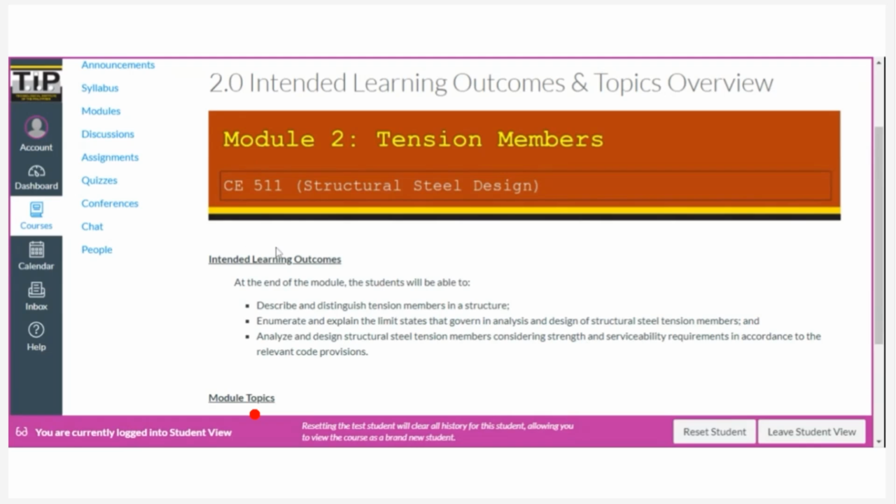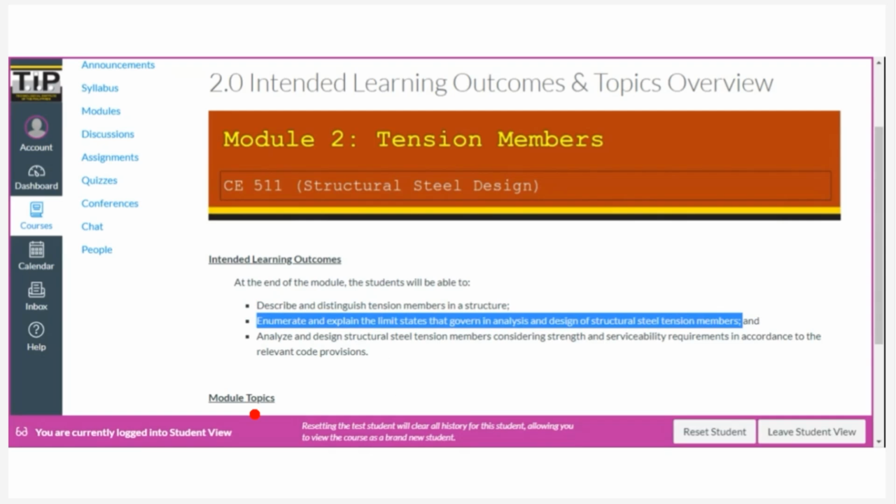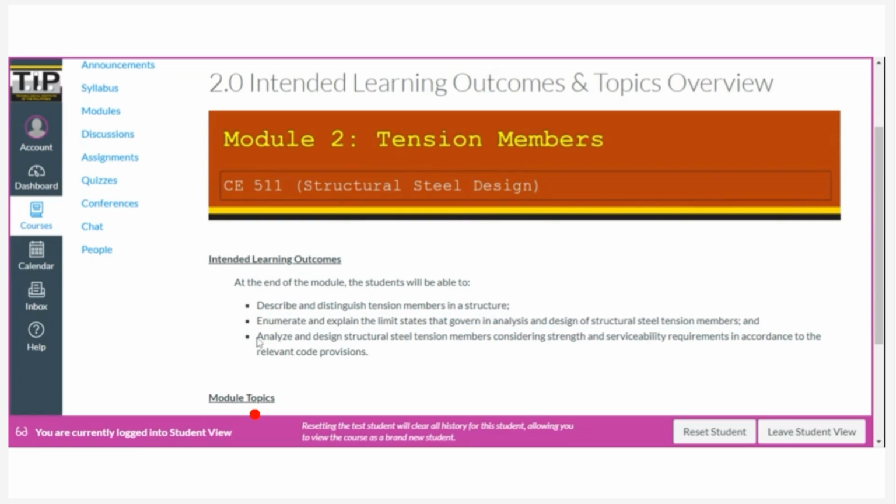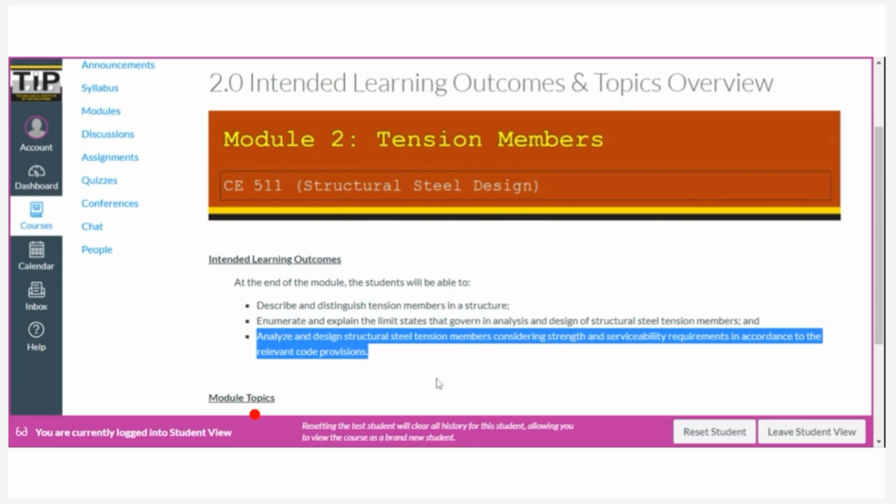So at the end of the module, the students will be able to describe and distinguish tension members in a structure, enumerate and explain the limit states that govern in analysis and design of structural steel tension members, and analyze and design structural steel tension members considering strength and serviceability requirements in accordance to the relevant code provisions.